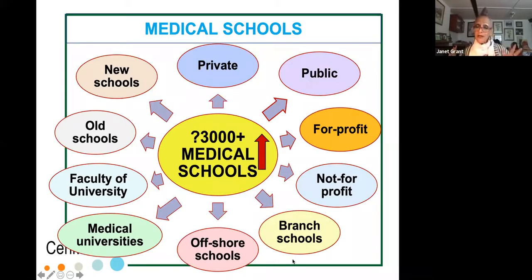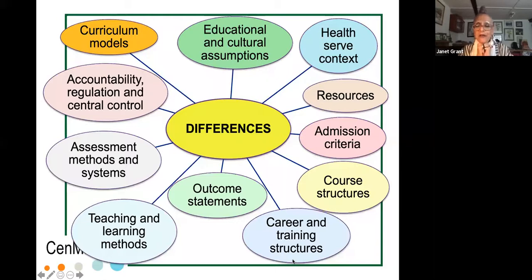And those medical schools all have different purposes as well. Some are research orientated, some are primary care, community orientated, some are orientated towards secondary care. They're all different. And those differences are even broader. They might be in curriculum models.